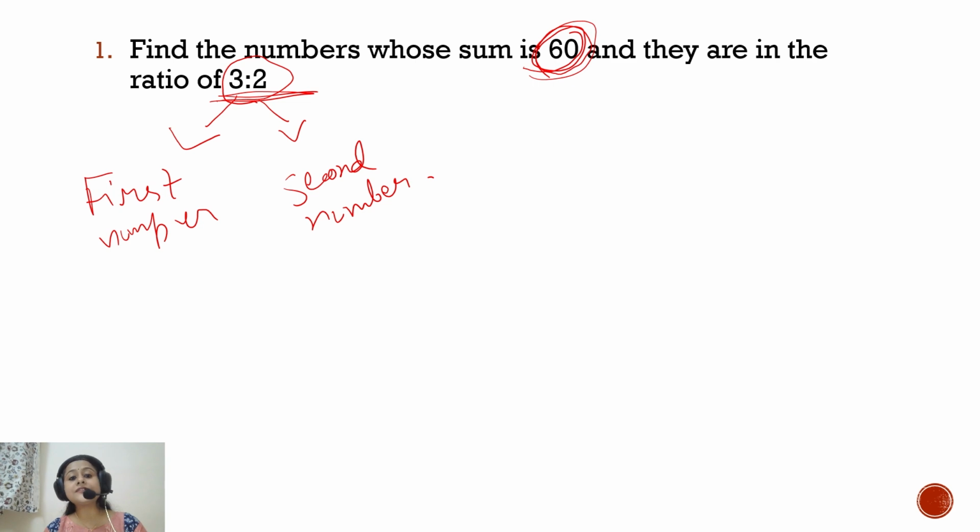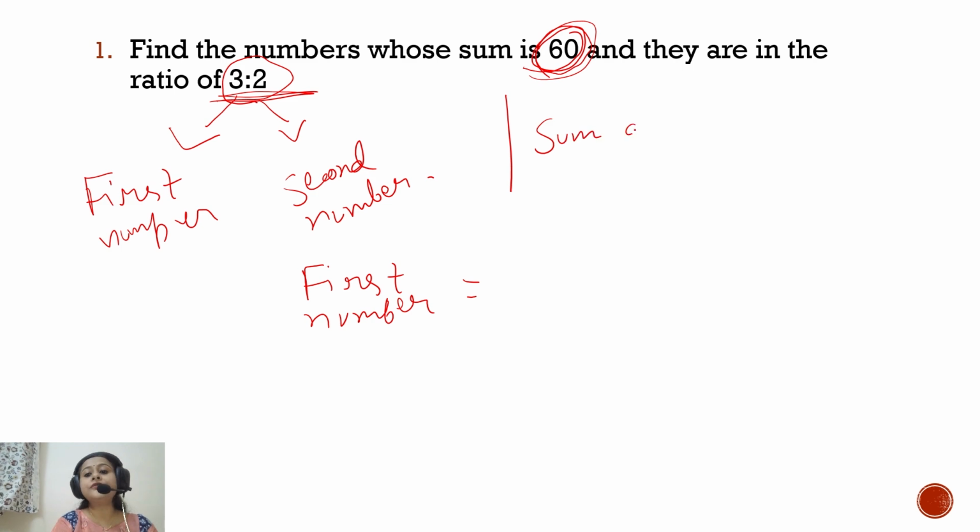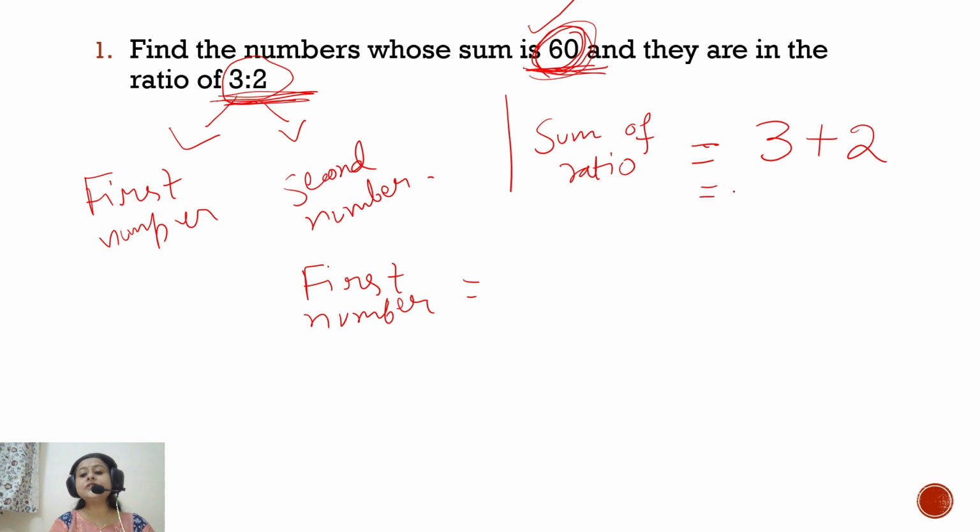So we will apply the same formula. To find out the first number, first we have to find out the sum of the ratio. Don't get confused: 60 is the sum of the two numbers in absolute terms, and here we have to find the sum of the ratio. The sum of the ratio is 3 plus 2, which is 5.